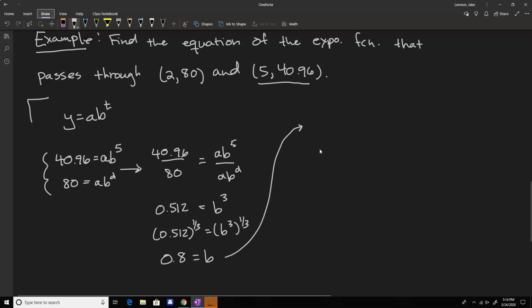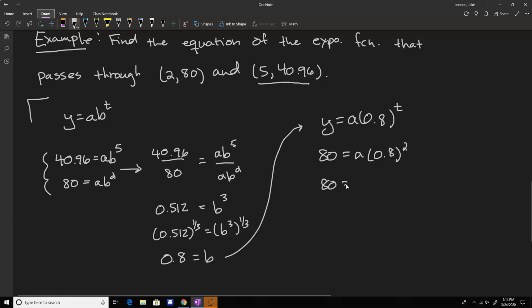So our exponential formula looks like y equals a times 0.8 to the t power, and then plug in either of the points to solve for a. Doesn't matter which one you plug in. I just typically like to choose the one with the smaller values overall. It makes the numbers work out easier if you happen to be doing it mentally, or it involves a little bit less writing. So 80 equals a times 0.8 squared.